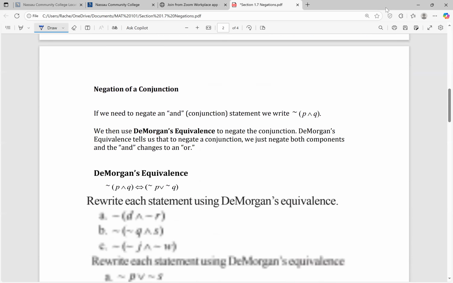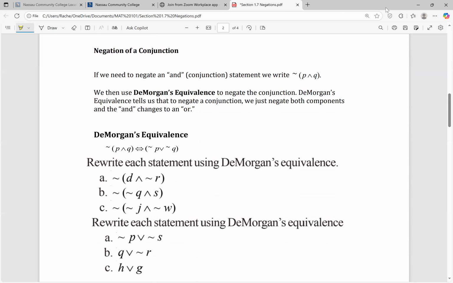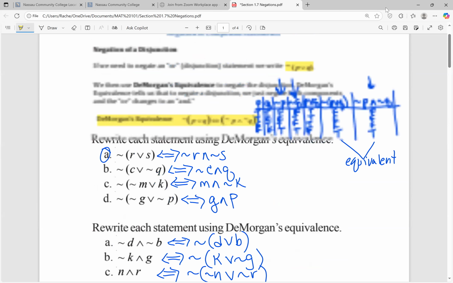So now let's look at the negation of a conjunction. So now we're going to negate an and statement. Up above, we were negating an or statement. So we still call this De Morgan's equivalence, but now we're negating the conjunction. So in other words, not P and Q. I'm not going to write out a truth table for this one like I did above, but if we were to write out a truth table, we would see that not P and Q is equivalent to not P or not Q. So very similar to above where I did that up here, right?